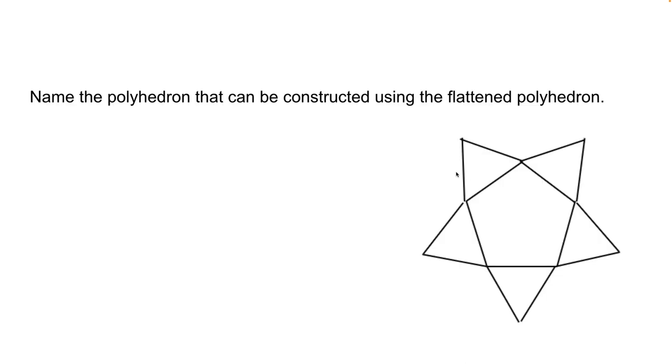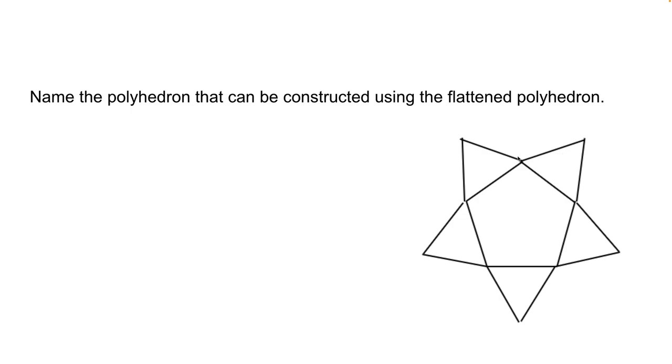Okay. Can you name the polyhedron that can be constructed with this net? The bottom is a pentagon and we have triangular lateral faces, so it will be a pyramid, right?